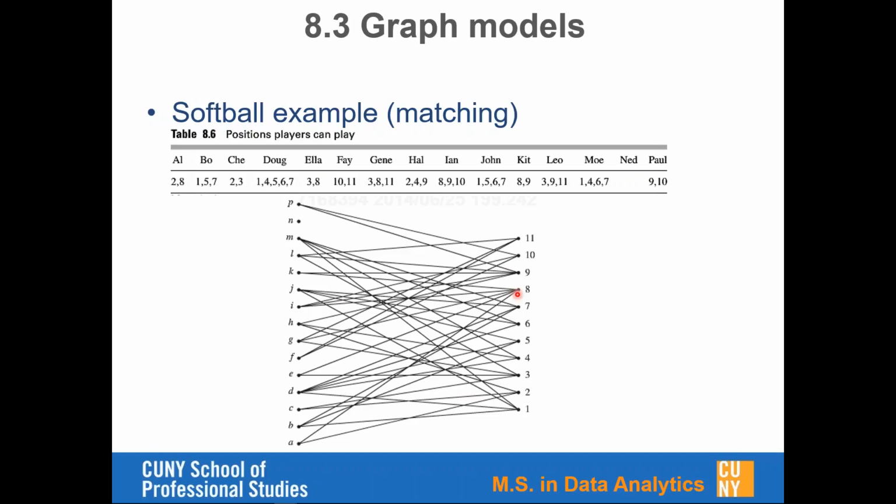And then we could also have B. Bow actually can play positions 1, 5, 7. And then the graph problem for this particular case is really just trying to find a match that best utilizes the skill sets of all the players.